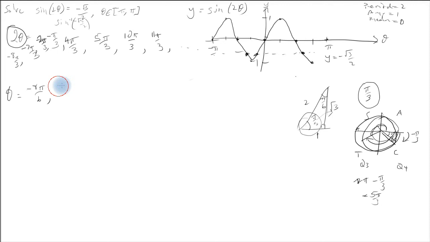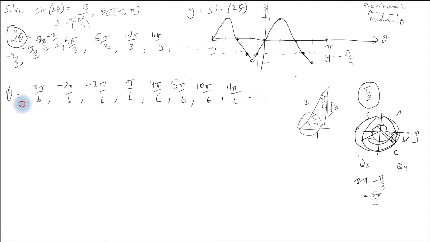So we get negative 7 pi on 6, negative 2 pi on 6, negative pi on 6, 4 pi on 6, 5 pi on 6, 10 pi on 6, 11 pi on 6, and so on. Okay, so there's more, and they just keep going infinitely.